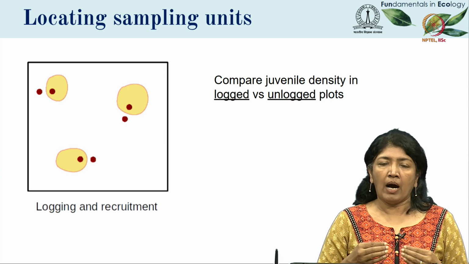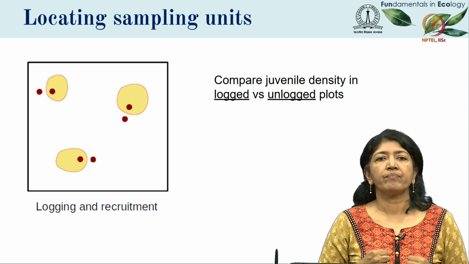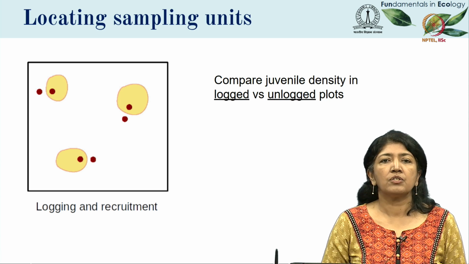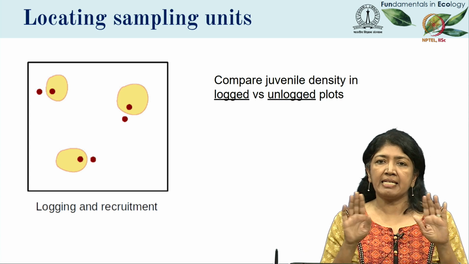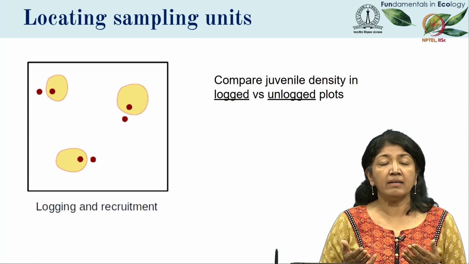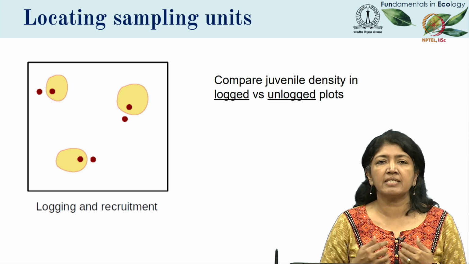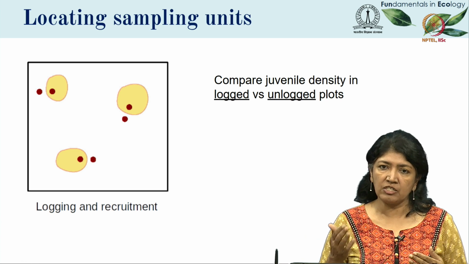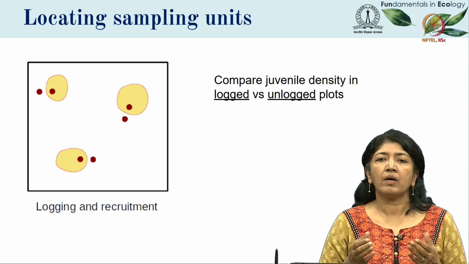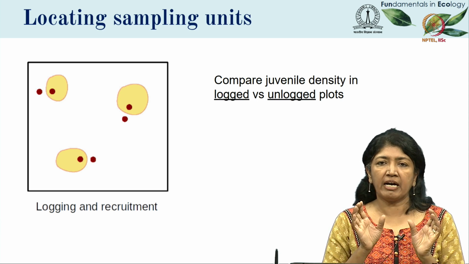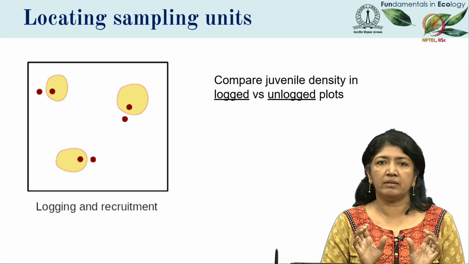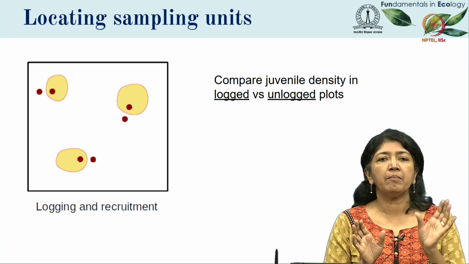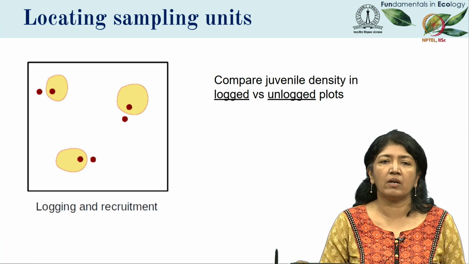So, how does juvenile density vary between logged and unlogged forests? Because in this landscape we can have all other kinds of confounding features like differences in predators or differences in resource levels and so on, we might want to have a kind of paired or block design where we compare juvenile density in pairs of logged versus unlogged plots.